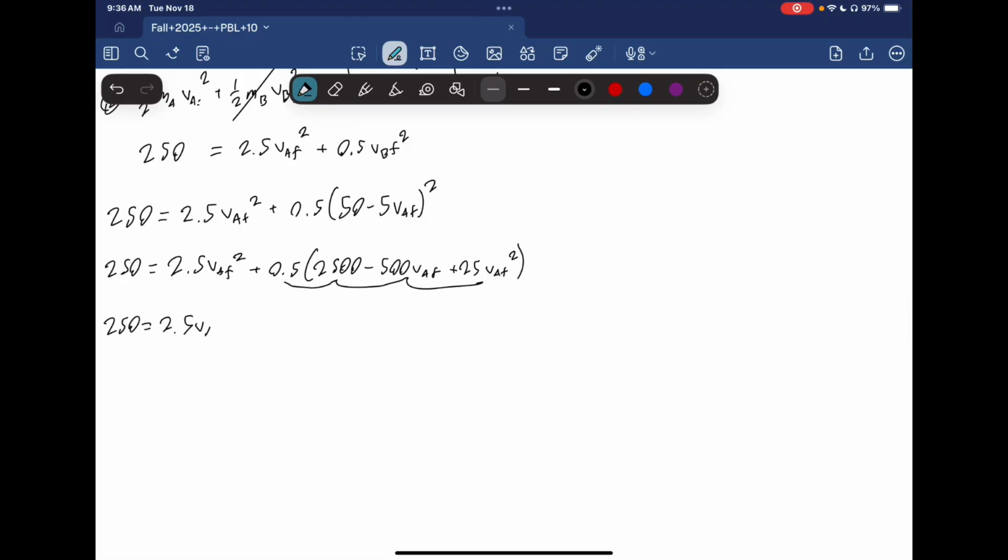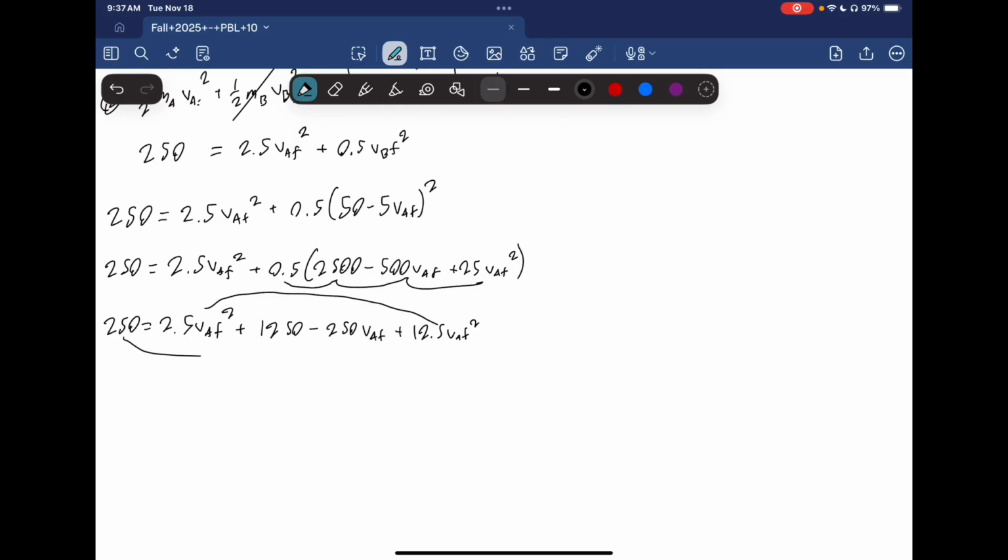We get 250 equals 2.5 VAF squared plus 1250 minus 250 VAF plus, let's see, 12 and a half VAF squared. So now we can do some combining.